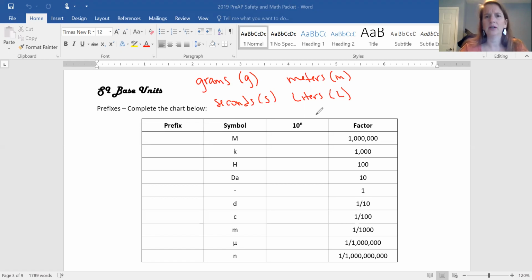These are kind of the most common here. What you're going to notice, though, is that all of these are represented by just a single letter.